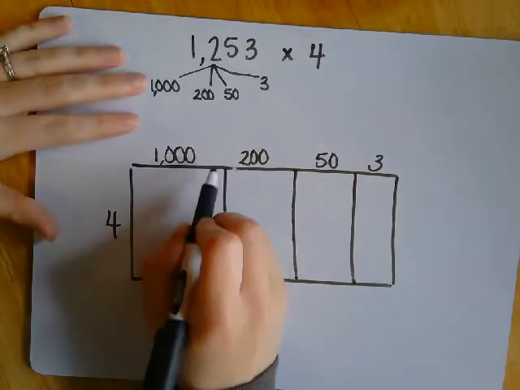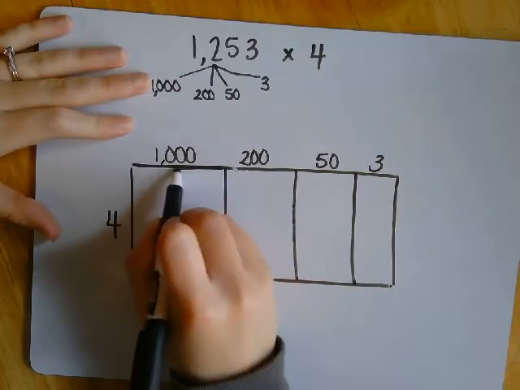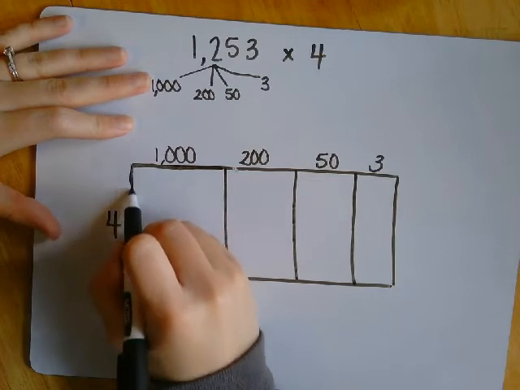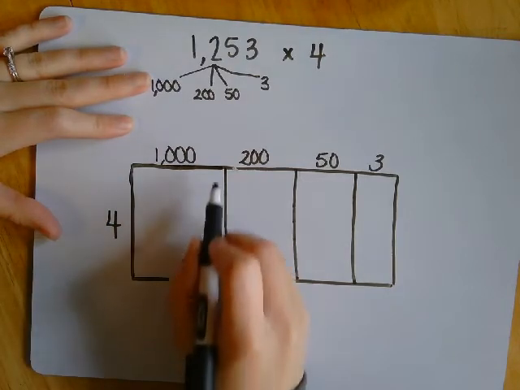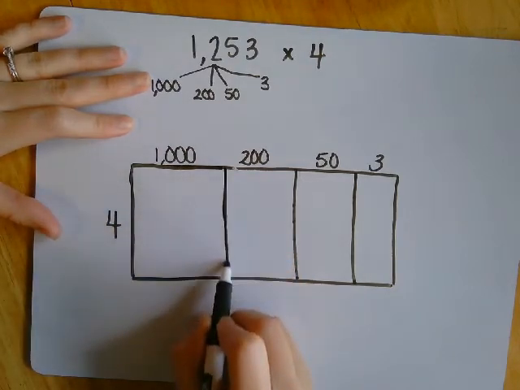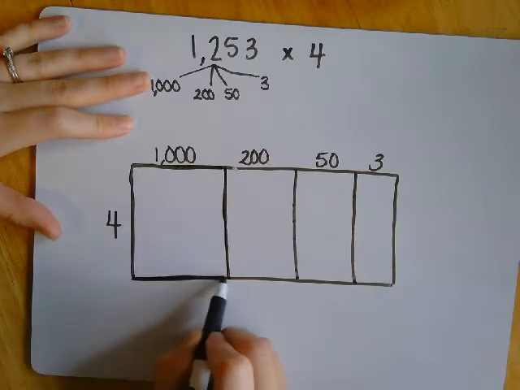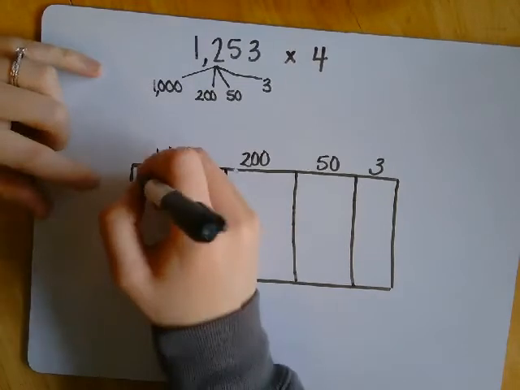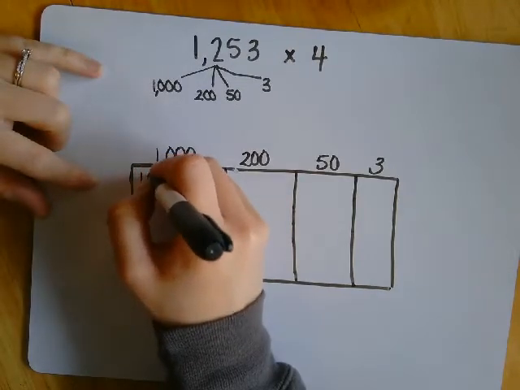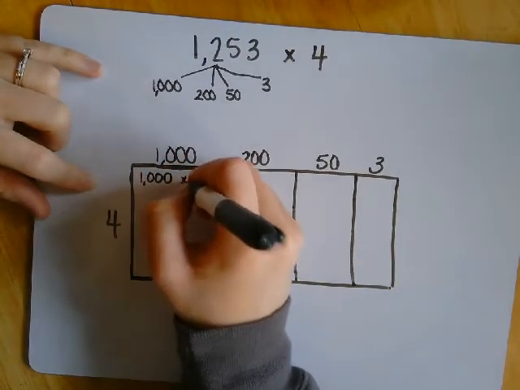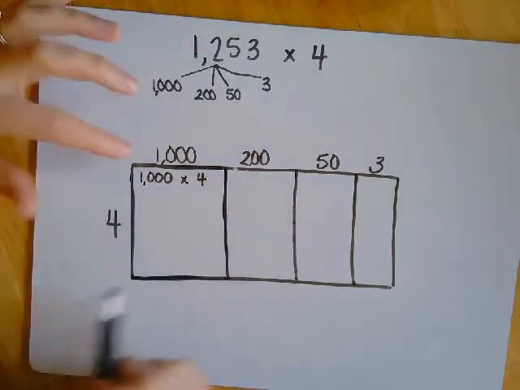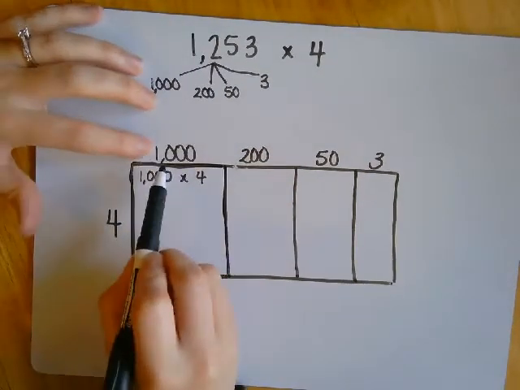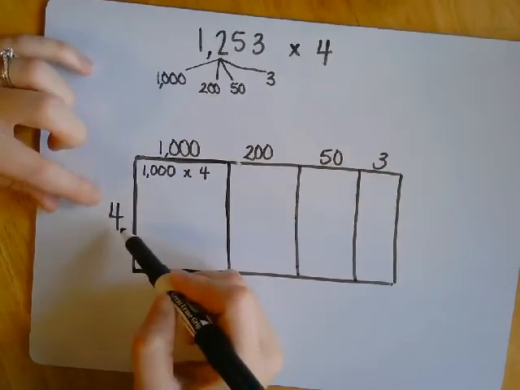So I know that the area of just this piece right here is going to be 1,000 times 4. I know that because this side is occupied by 1,000 and this side is occupied by 4.